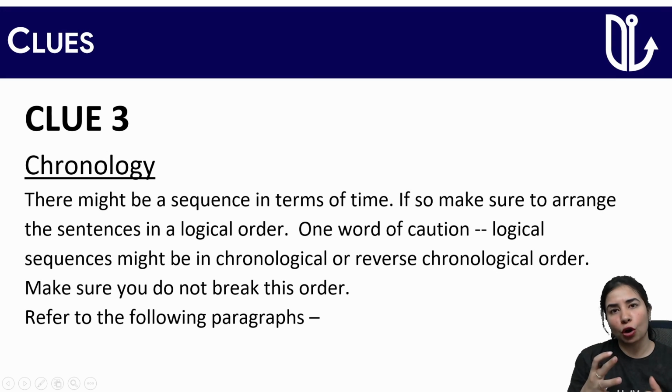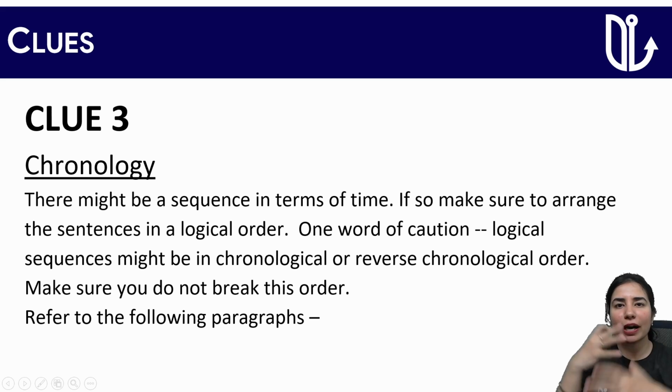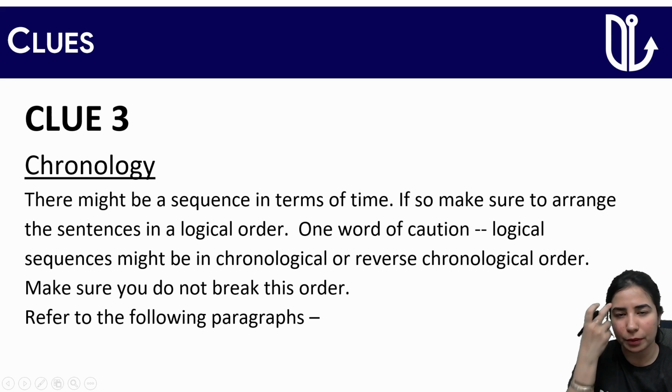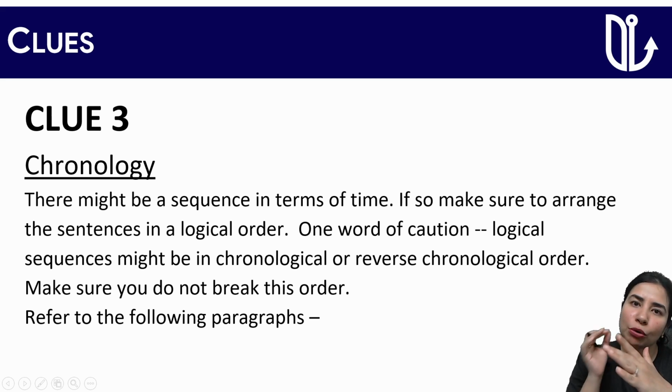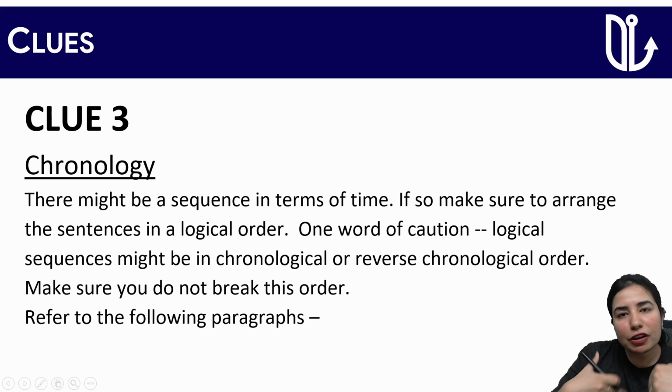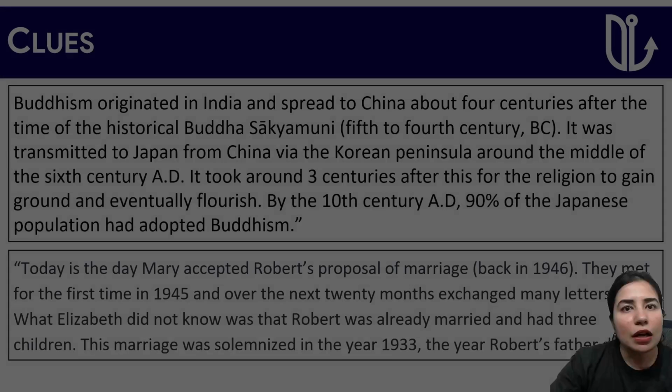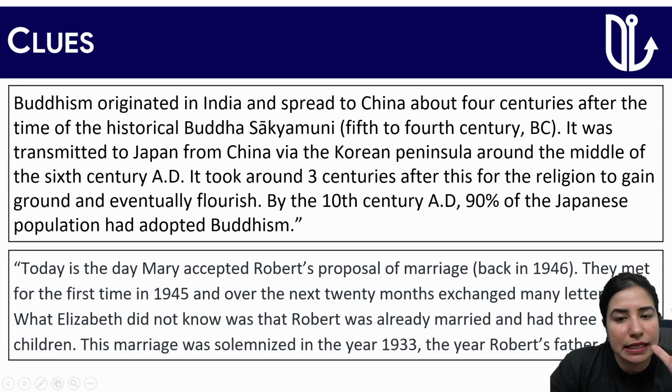Next is chronology. So what is chronology? It is when you're trying to arrange things in a sequential order. It can be 1, 2, 3, 4, or it can be 4, 3, 2, 1: chronological order or reverse chronological order. Now, you can see how the discussion is built. Take a look at the first box. Buddhism originated, a point of beginning, right?